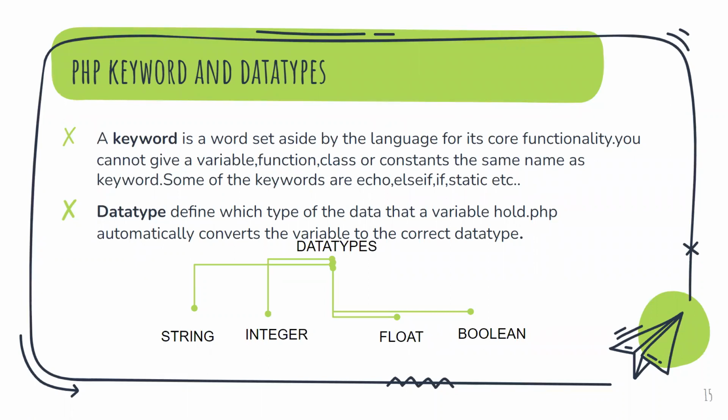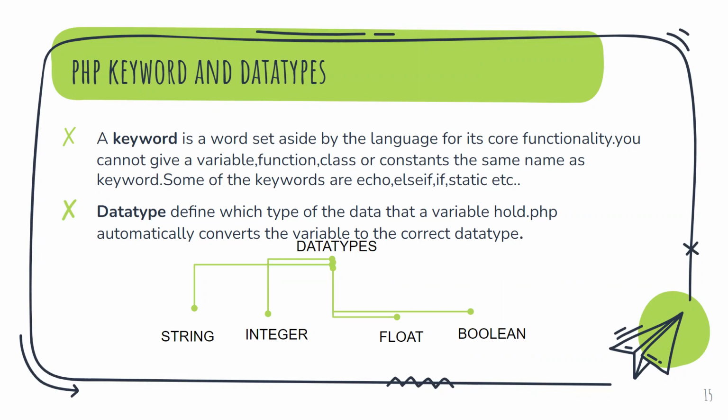Some examples are echo, print, if, else if, define, etc. These all are keywords. So let's say we have the keyword define. Now I can't name a variable dollar define. It throws an error.